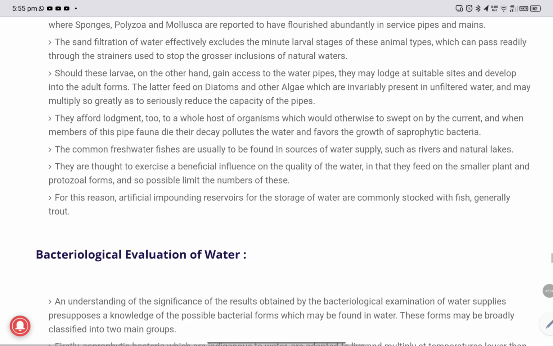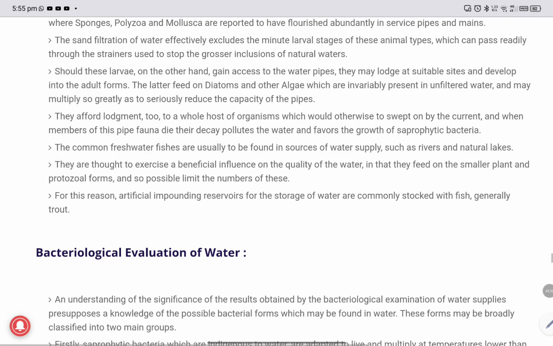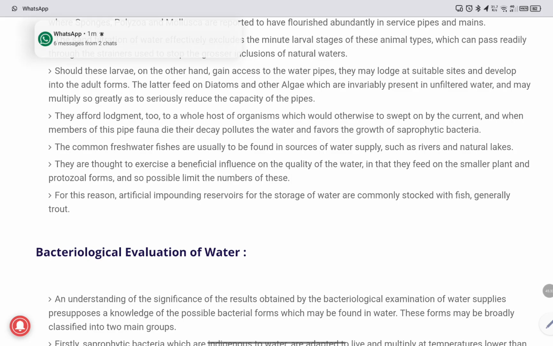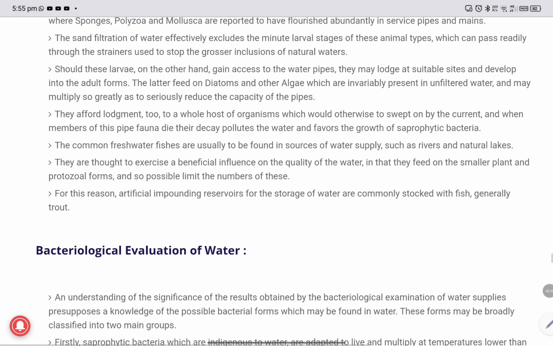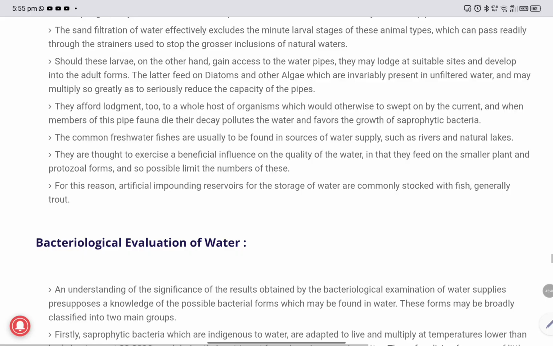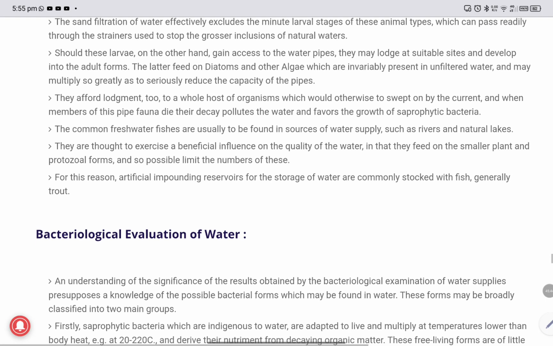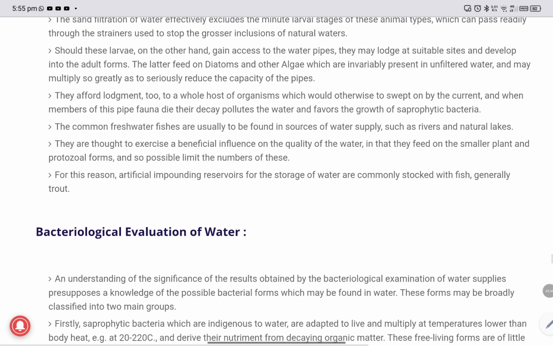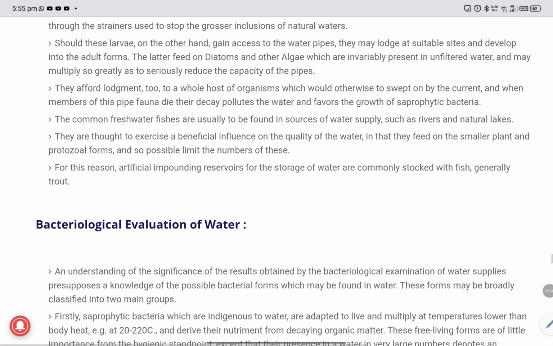Should these larvae, on the other hand, gain access to the water pipe, they may lodge at a suitable site and develop into the adult form. The latter feed on diatoms and other algae, which are invariably present in unfiltered water, and may multiply so greatly as to seriously reduce the capacity of the pipe.